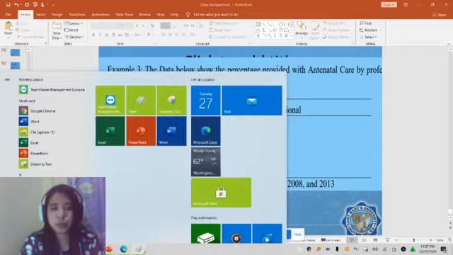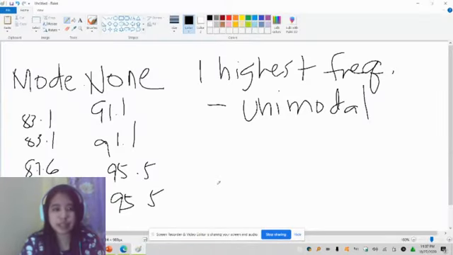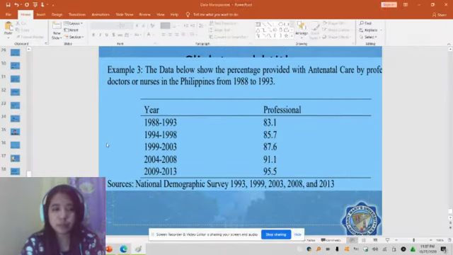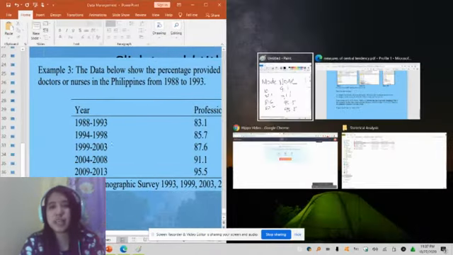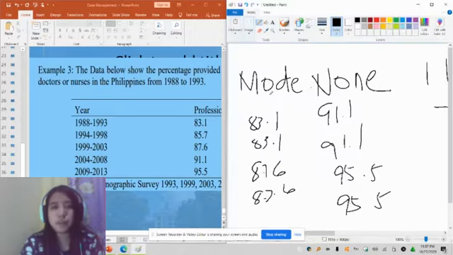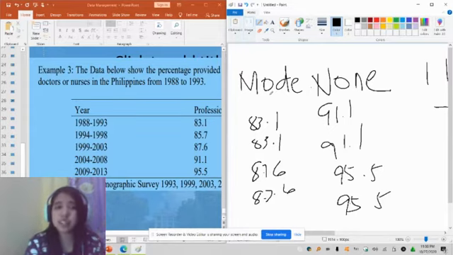So what will we do if we are given this data? As we can see in our table, it's actually in tabular form, 83.1, 85.7, 87.6, 91.1, and 95.5 appear once in the data.